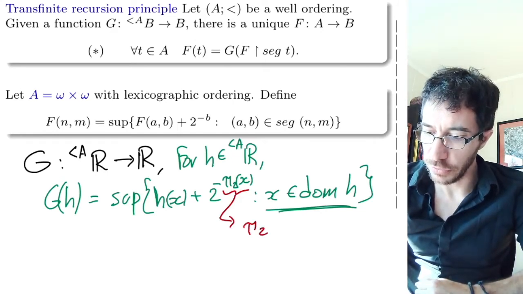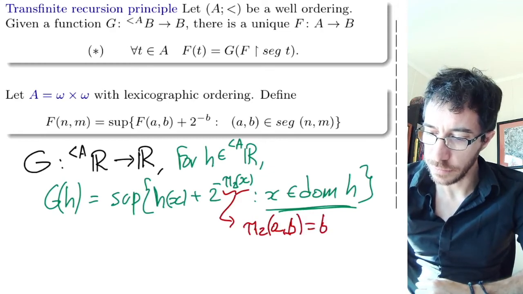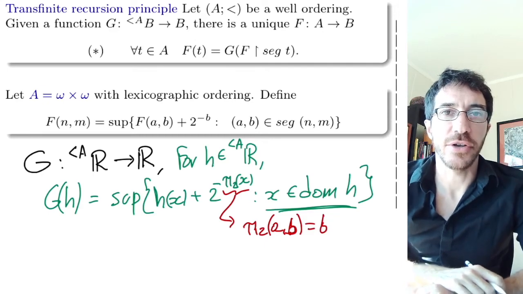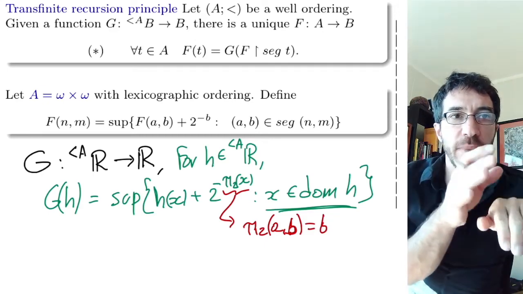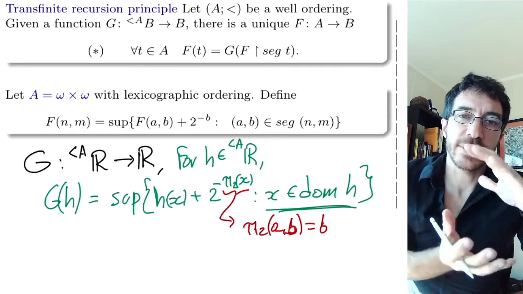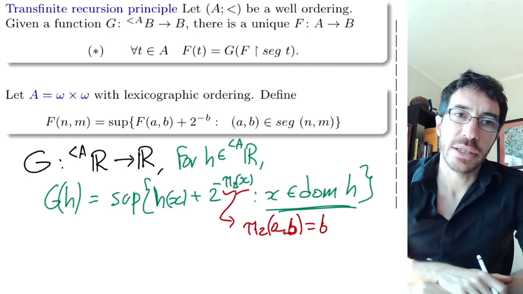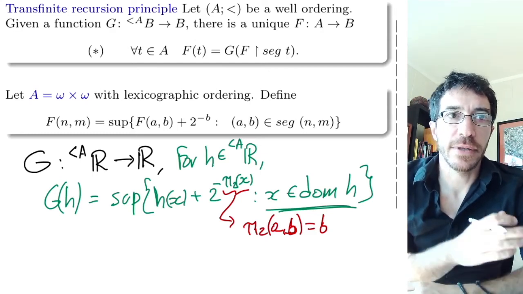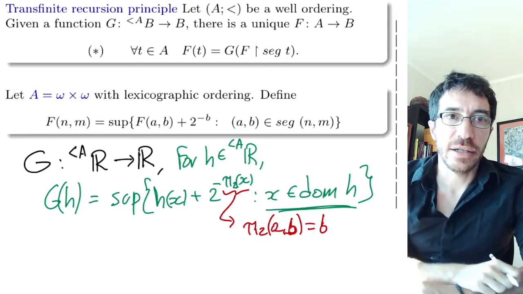Pi 2 of (a,b) equals b. So you input a function whose domain is only an initial segment of A, and it takes the supremum of all those values plus these 2 to the minus second coordinates. And that is exactly what this is doing.